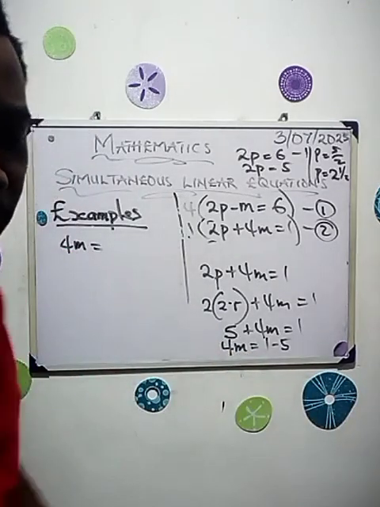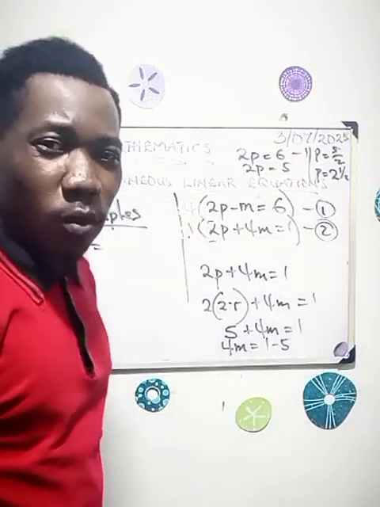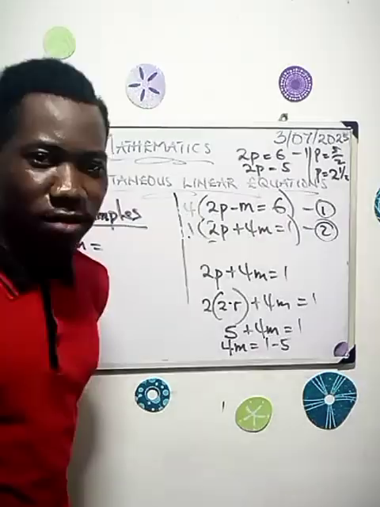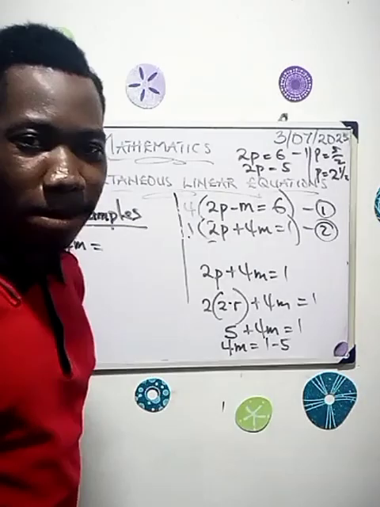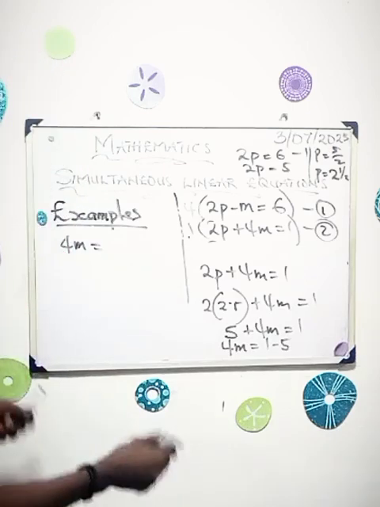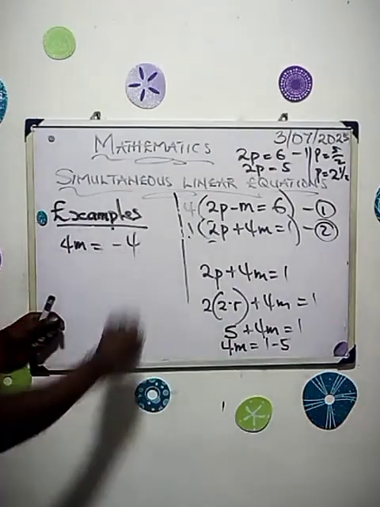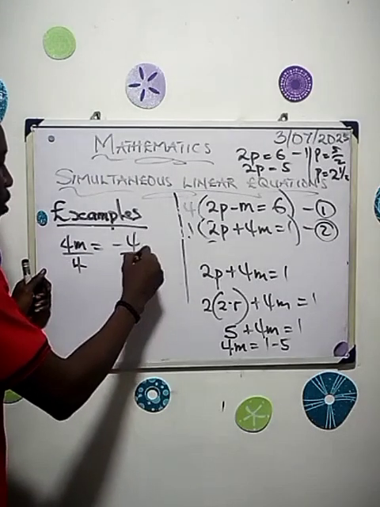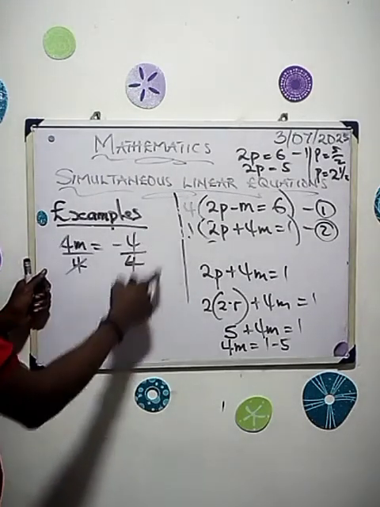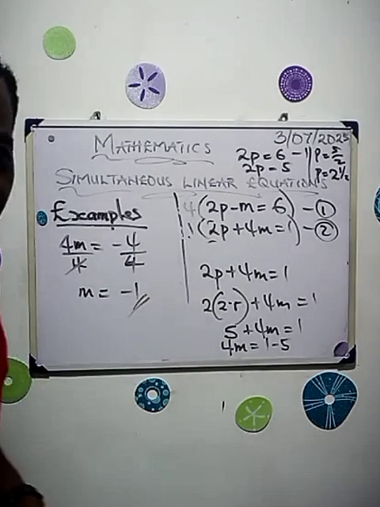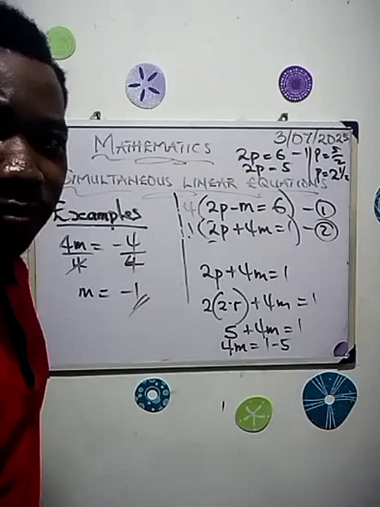Pasilo said minus 4. Okay, good. Abigail, hello. So that's minus 4. Now, what is the value of m? The value of m would be equal to minus 4 over 4, which is minus 1. Did we get this?